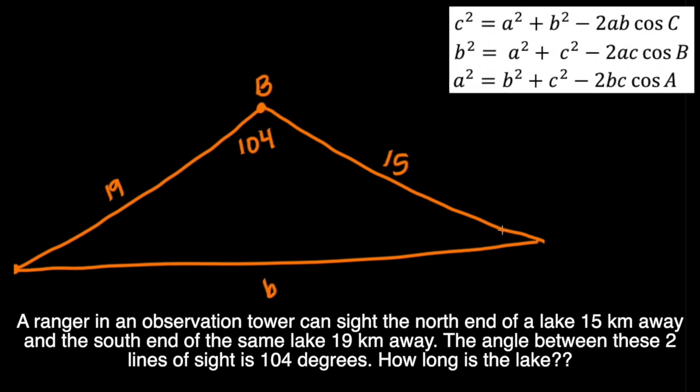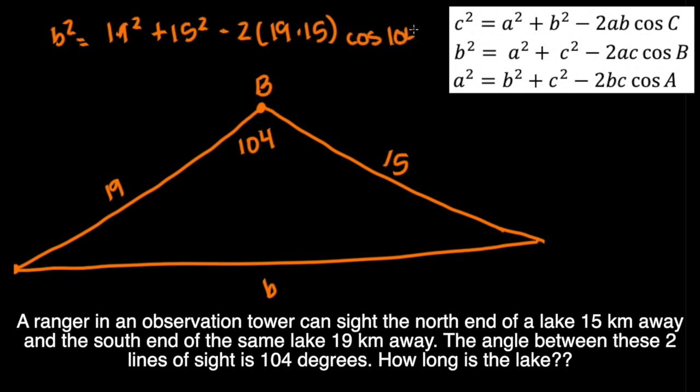We know all of the information that we need, so now we just need to plug it into our formula. So I will do this up here. B squared equals 19 squared plus 15 squared minus 2 times 19 times 15 multiplied by the cosine of 104.